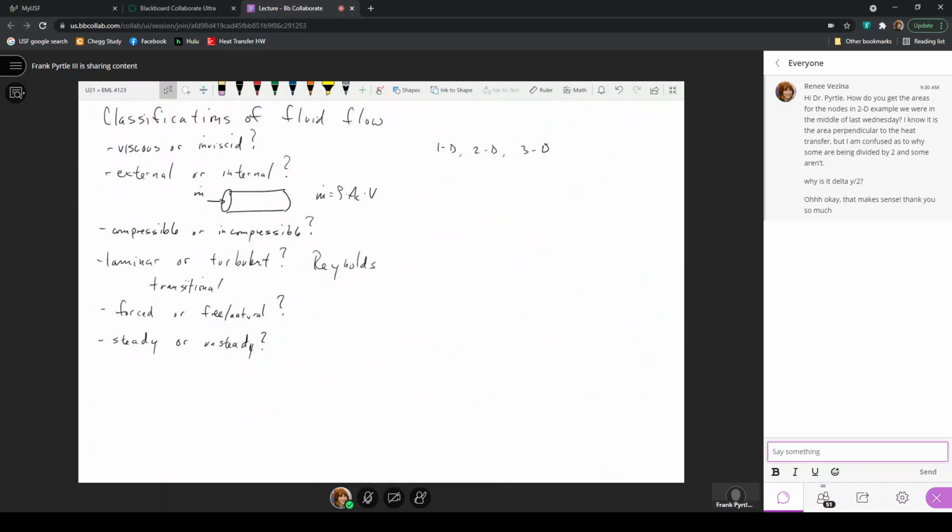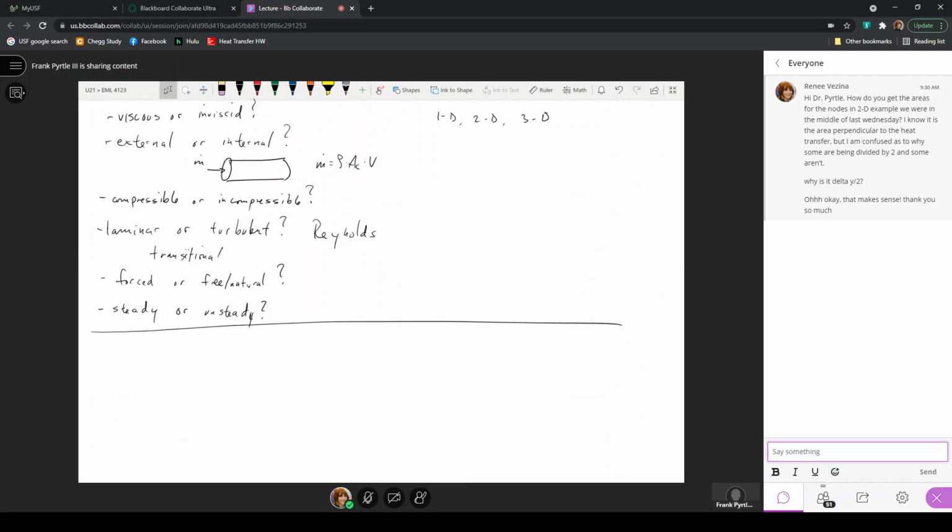Now, just to put together some of these concepts, we will consider a problem that has combined convection and conduction. So let's say we have a plate that is cooled by moving air. I have this plate, and this plate is made of a material with a given thermal conductivity.